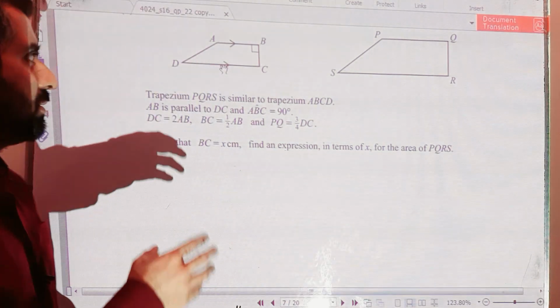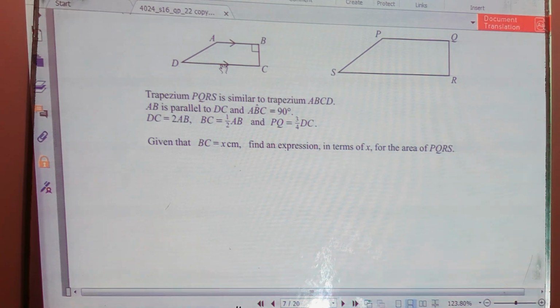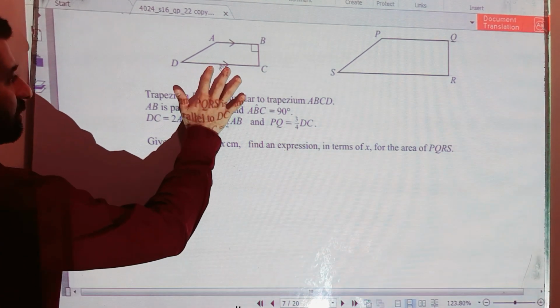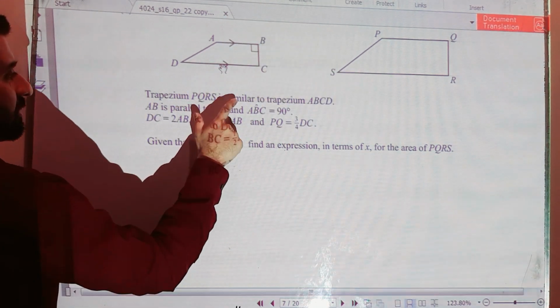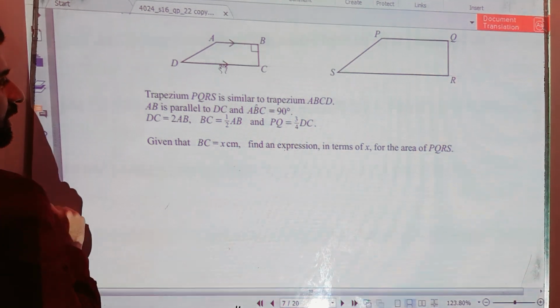The question is, we have been given these two trapeziums ABCD and PQRS, and trapezium PQRS is similar to trapezium ABCD.